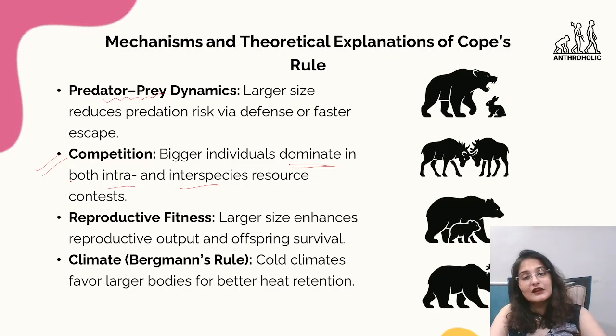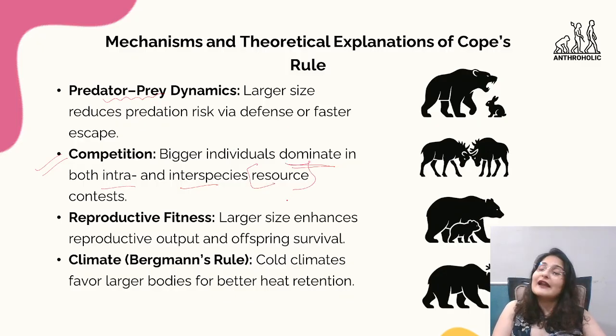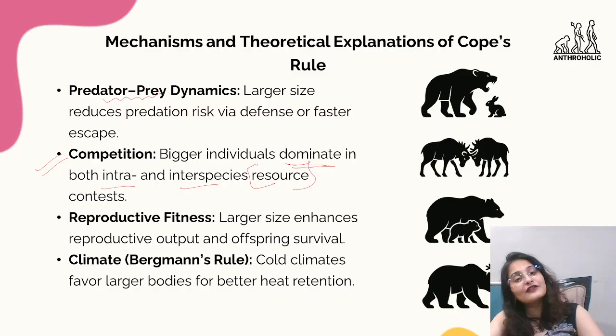So when an animal or an individual is larger in size, it can dominate, and if it can dominate, it can gain those resources better, and therefore the survival of a larger size species becomes higher, because they have access to those resources much more easily, right.